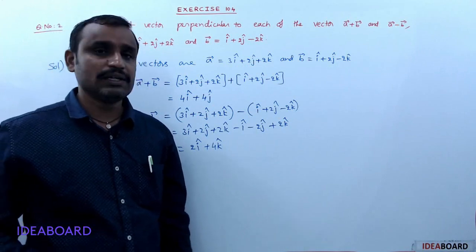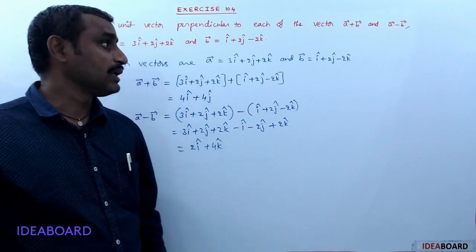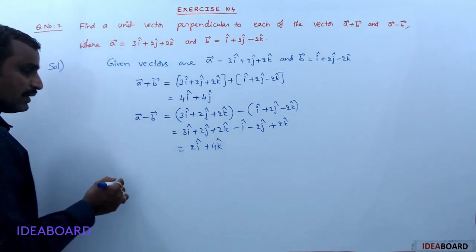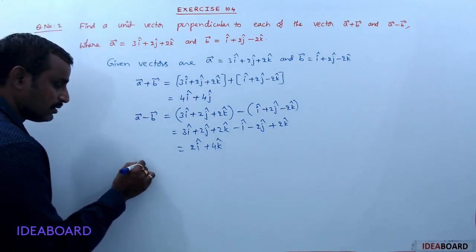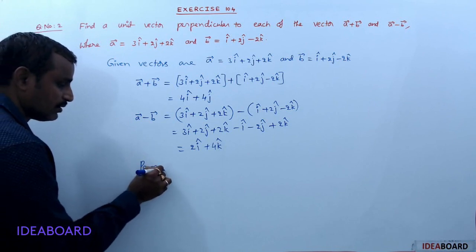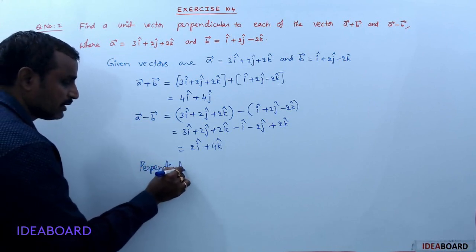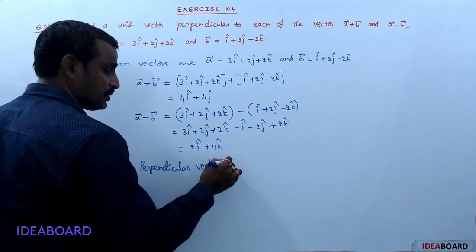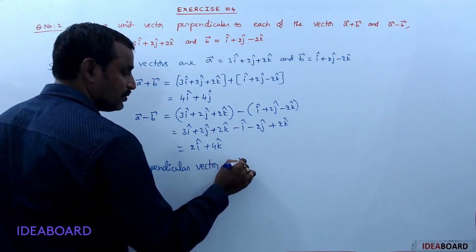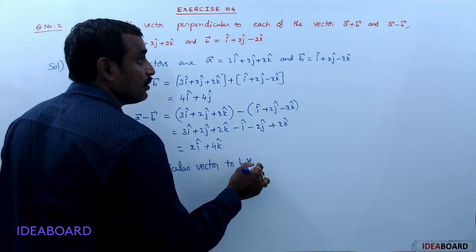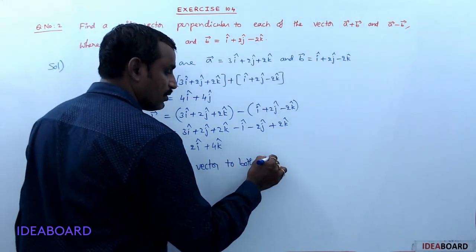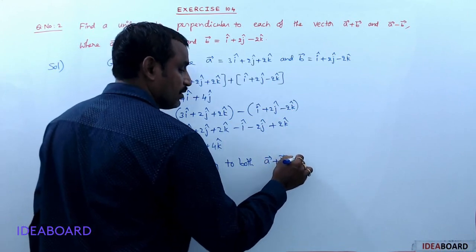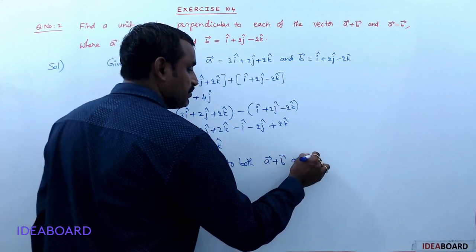So now that is the n cap vector, perpendicular vector to both a bar plus b bar and a bar minus b bar.